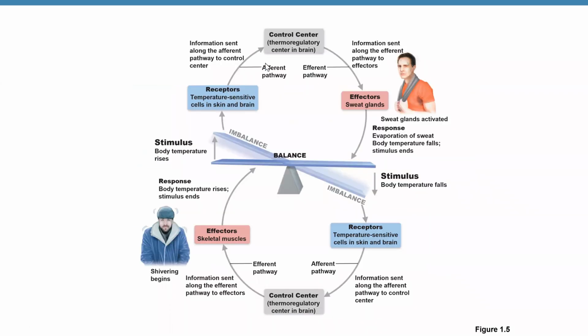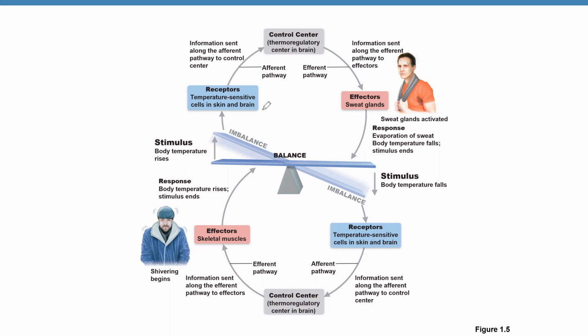And here are pictures that give you more understanding of how your body temperature is regulated. When temperature rises, temperature-sensitive receptors in skin and brain send information through the afferent pathway to your control center, which is actually your thermoregulatory center in the brain.